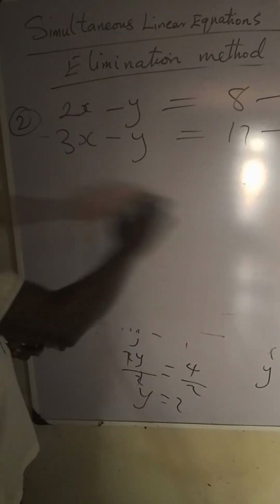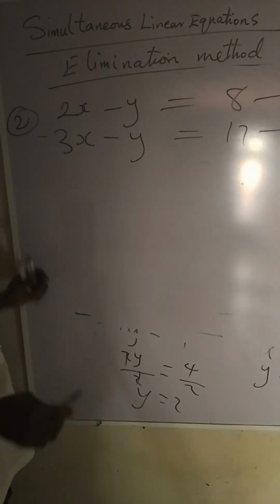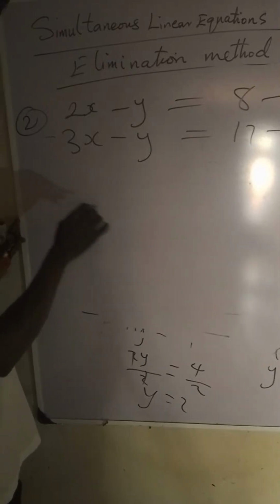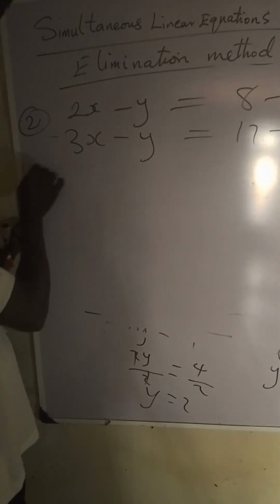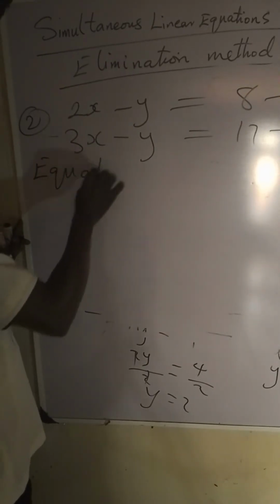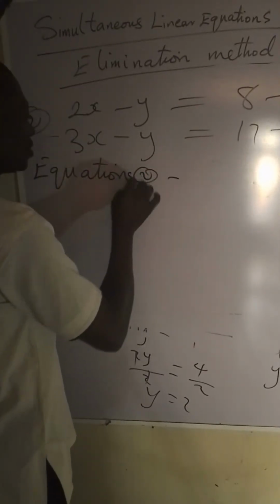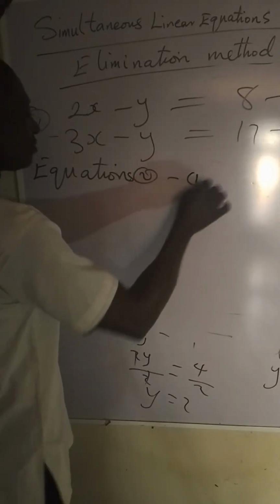If we say equation 2 minus equation 1, we are going to get positive signs. I believe many people will like us to use positive signs. So let us say equation 2 minus equation 1.